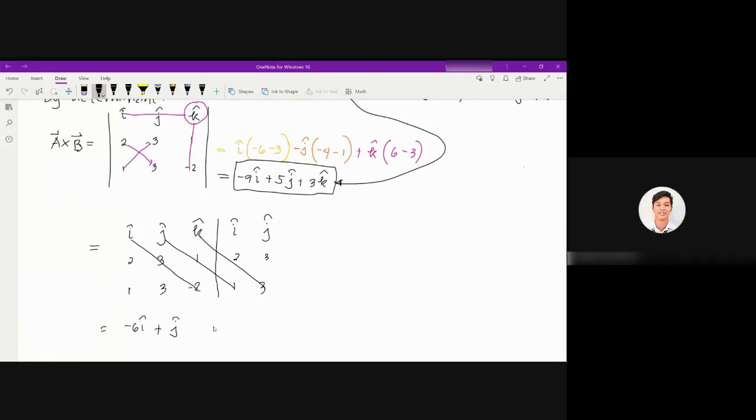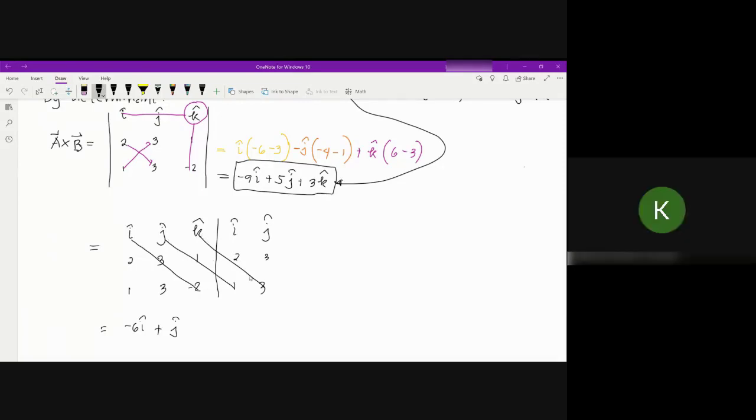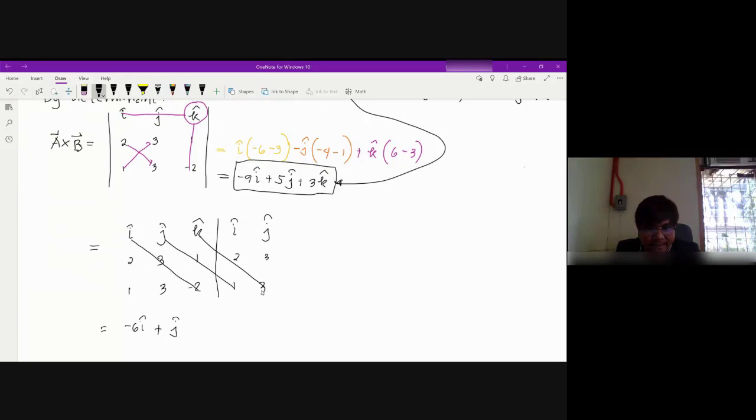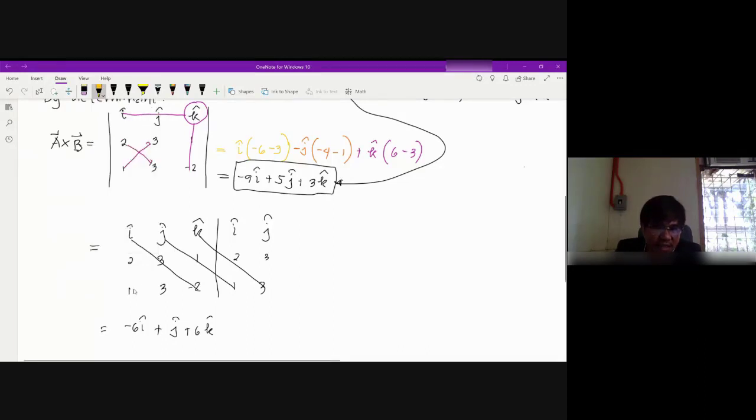Okay. So sunod kay kini, 2 times 3, that's 6 times k hat. So that's 6k hat. Okay? And sunod na yung buhaton ni mo, i-multiply na ko. But then minus ni siya.